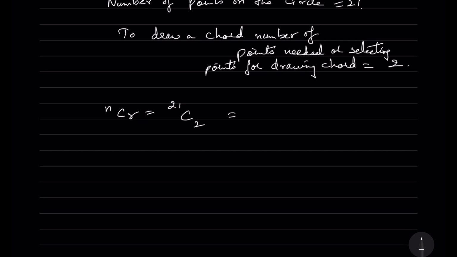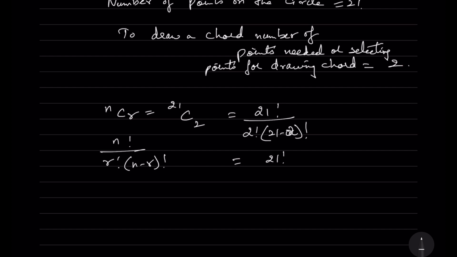We know the nCr formula is nothing but n factorial by r factorial into n minus r factorial. Using this we can write 21 factorial divided by 2 factorial into 21 minus 2 factorial, which is 21 factorial divided by 2 factorial into 19 factorial.